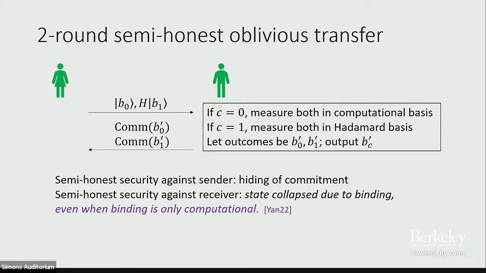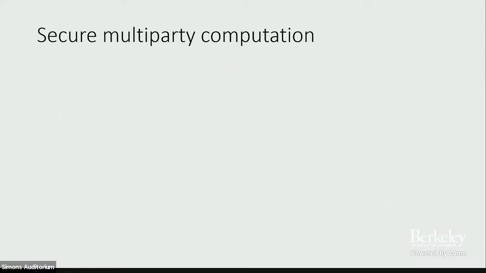I'm not going to get into the details of showing it, but it was shown essentially by Jan. We'll go over some details at the end. So anyway, this is it. We actually have EFI from a commitment which is neither statistically binding nor statistically hiding.